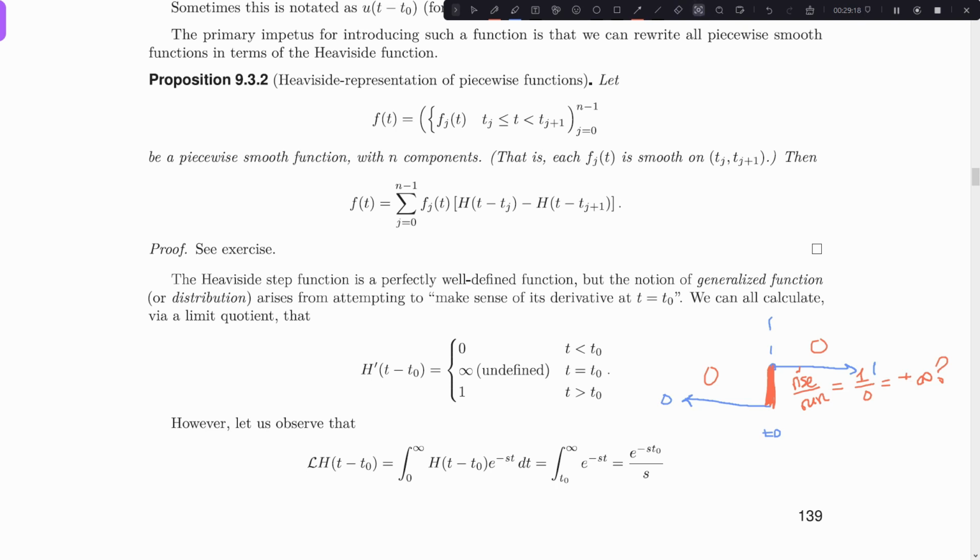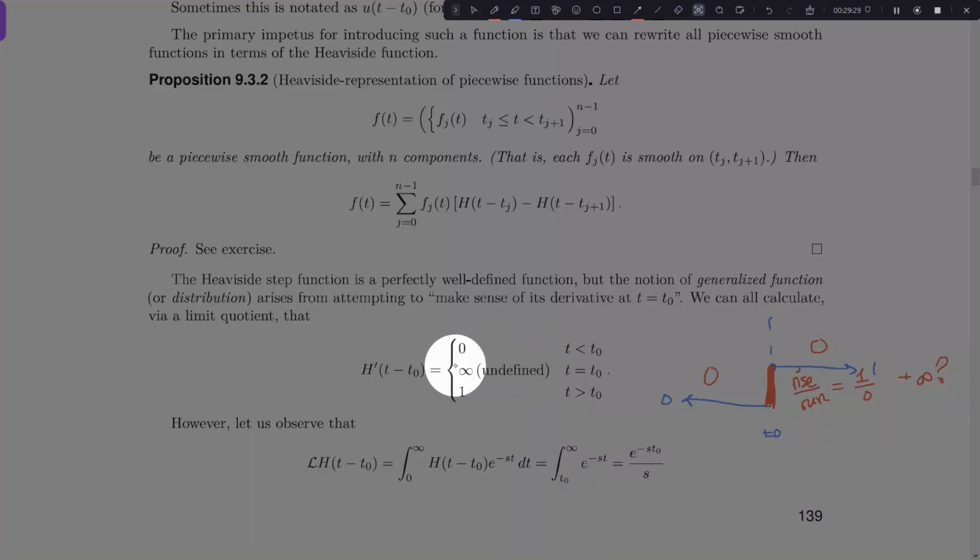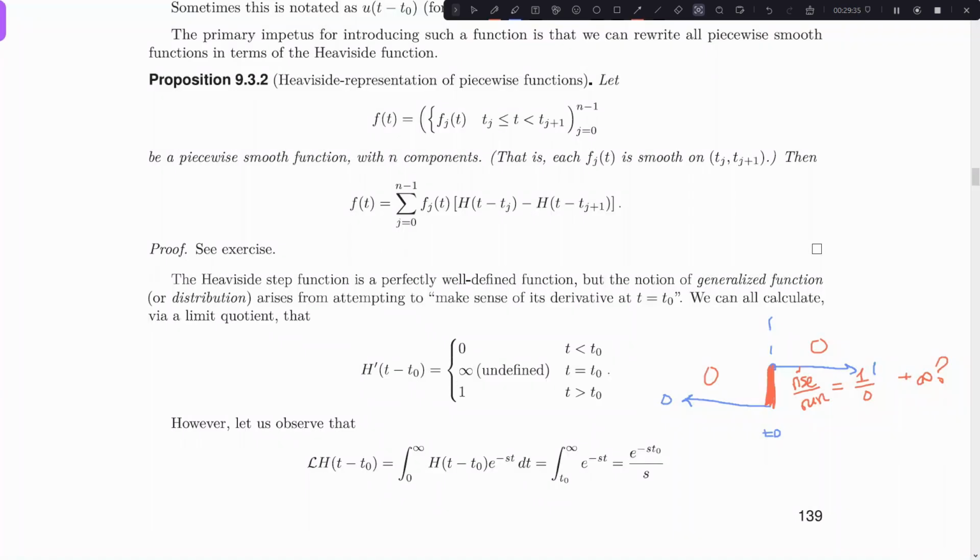It's a weird thing that always has to get introduced in differential equations. There are ways to make this formal. This is not a true equal sign, right? 1 over 0 is undefined. And yet there's an understanding that if we say that the derivative of the Heaviside function is equal to infinity at the point at which it changes, we gain some useful information.